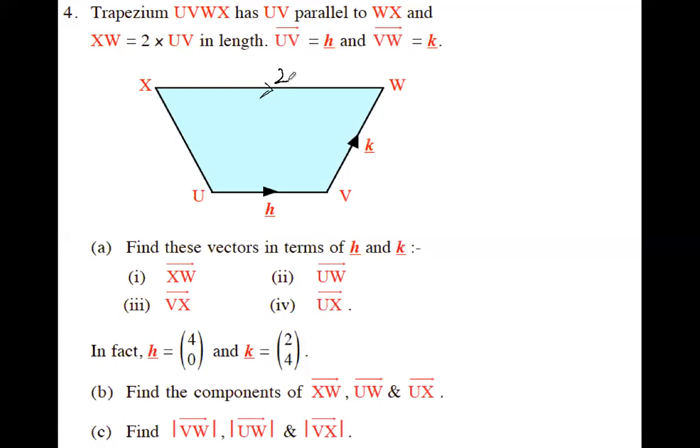And we've got K. Now find these vectors in terms of H and K. So we've been asked to find XW in terms of H and K. XW straight away, I've been told it's 2H because it's 2UV. You just write XW equals 2H.